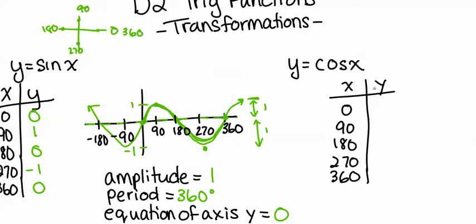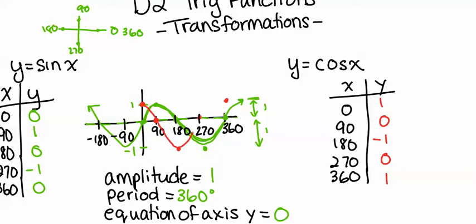If we want to look at cos, we do the same thing. We can look at our unit circle to get those answers, or we can just plug it into a calculator. Cos of 0 is 1, cos 90 is 0, negative 1, 0, and 1. So if we want to plot cos on the same set of axes, we start at 1, and then at 90 we're 0, negative 1, 0, and 1.